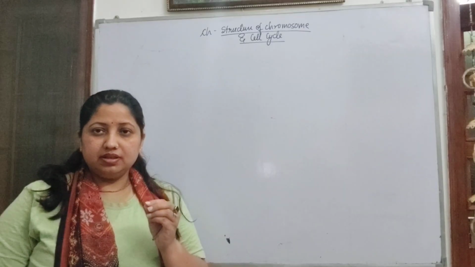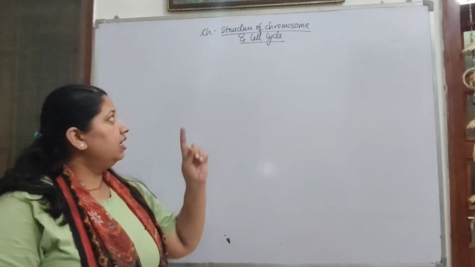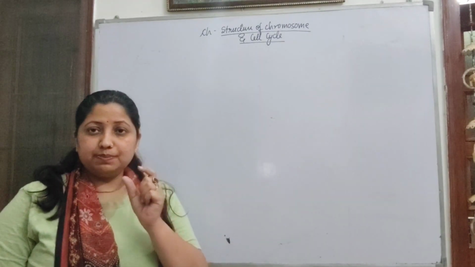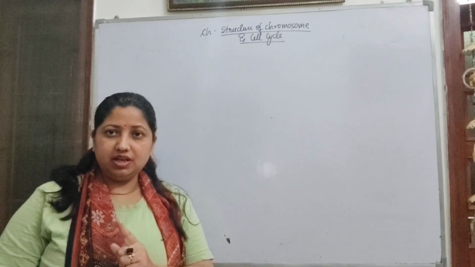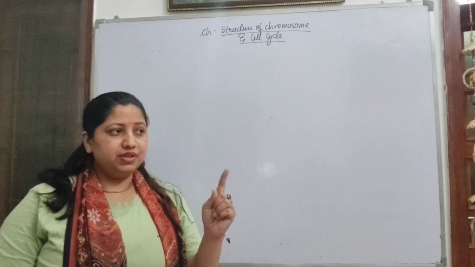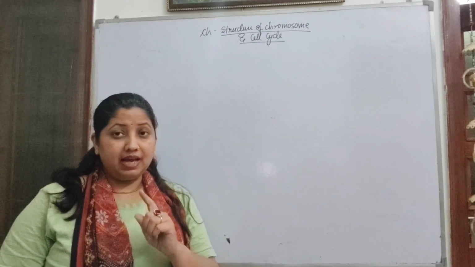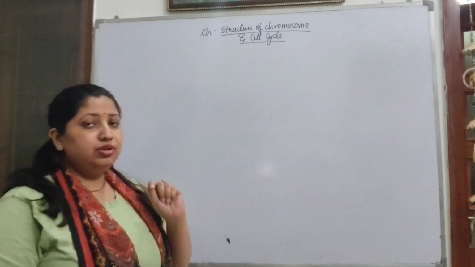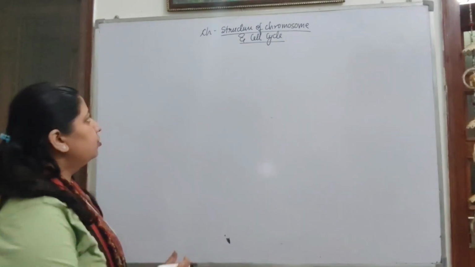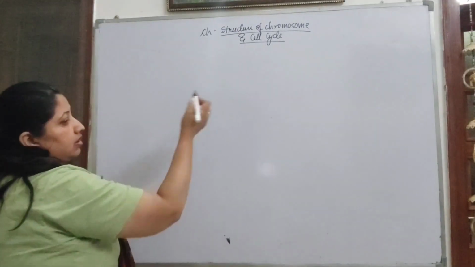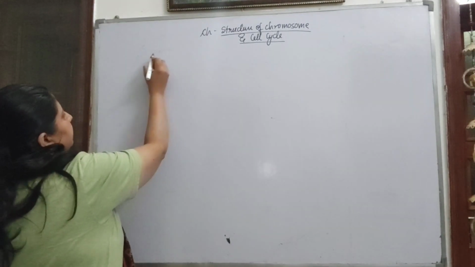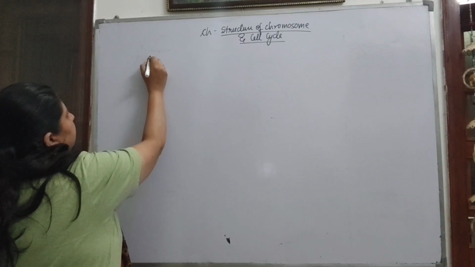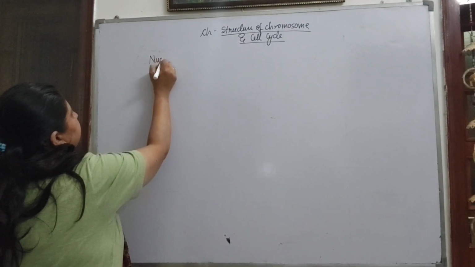The reason for this similarity is a specific structure that is passed on from one generation to the next, from the parent to the offspring, and that structure is nucleic acid. So before going to the structure of chromosome, first we will understand the nucleic acid.